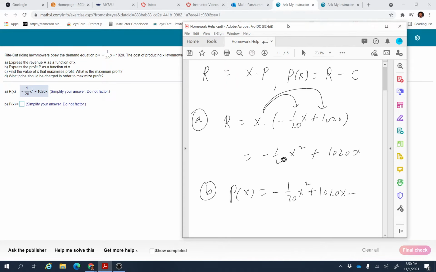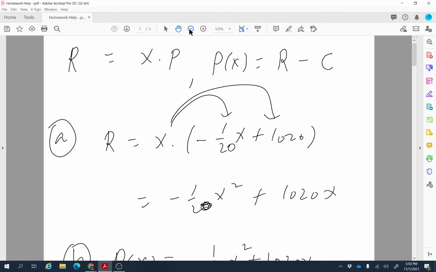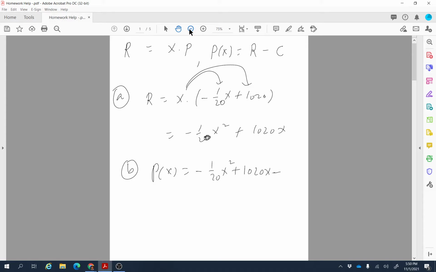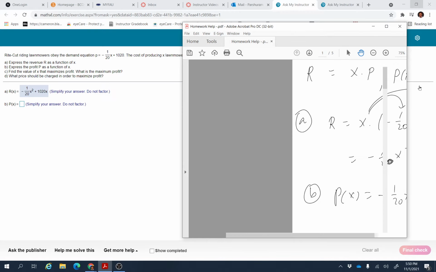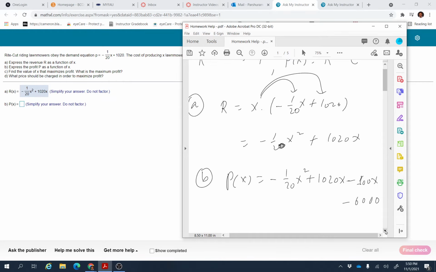So you have to subtract 100x and 6000, because there is a minus sign, so that minus sign applies to the 100x and again to the 6000 as well. So you have to simplify that. That gives us this profit function.